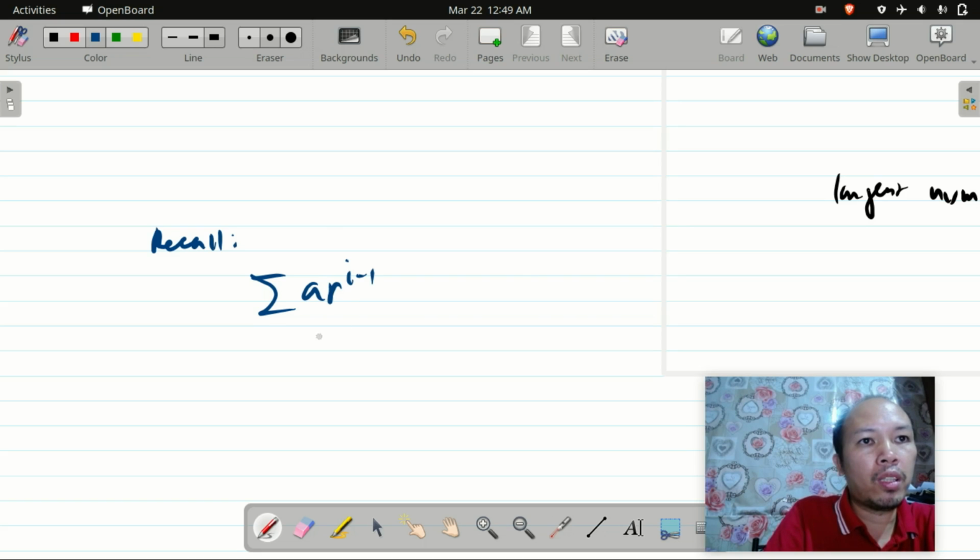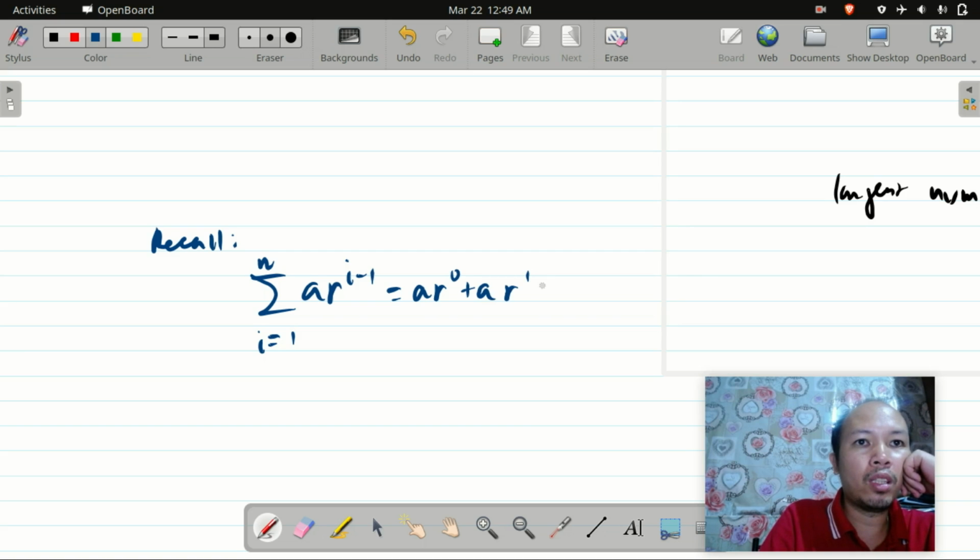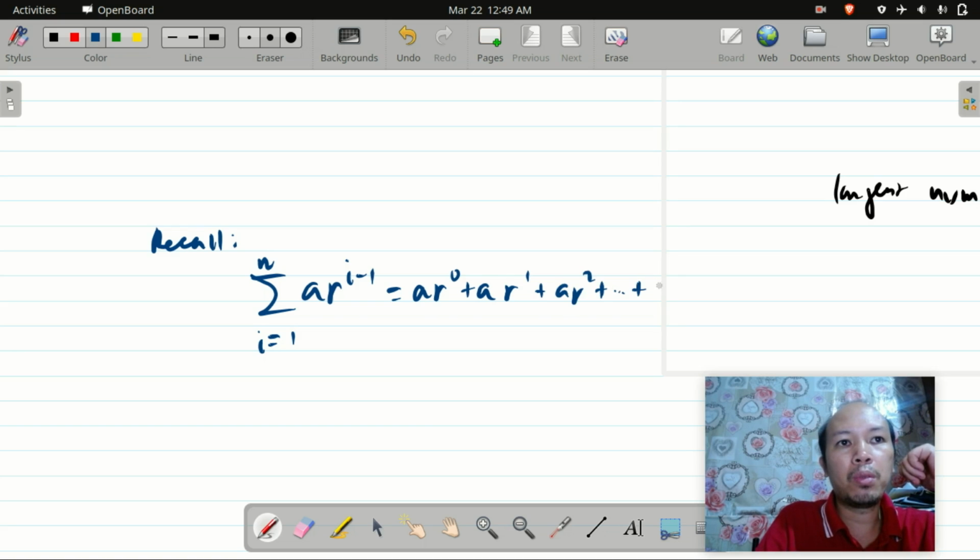i starts from 1 to n. We have a finite sum. This is a r to the 0 plus a r to the 1 plus a r to the 2 and so on up to a r to the n minus 1.